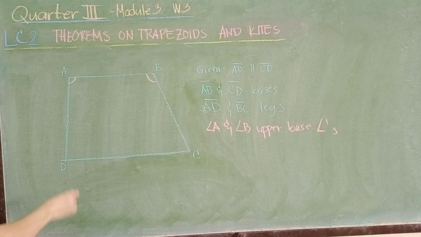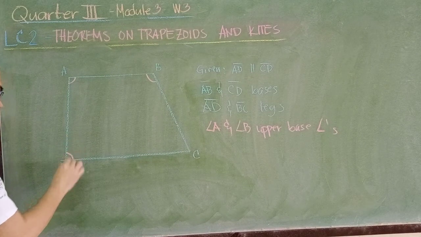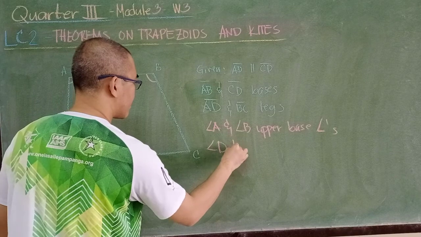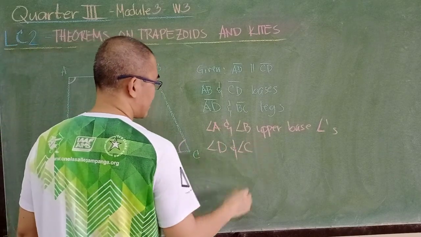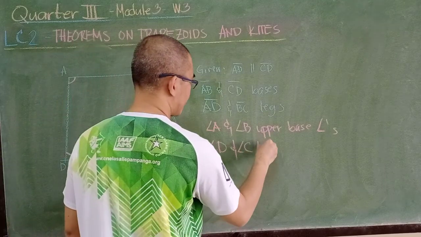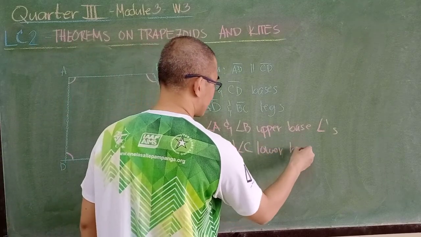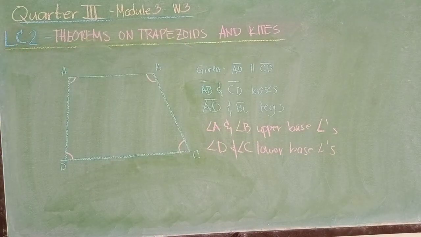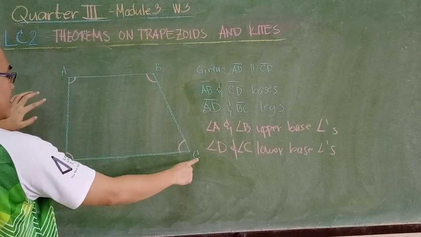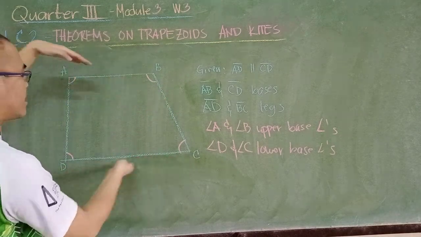And of course, angle D and angle C down here are called the lower base angles, the ones at the bottom. So, line AB and line CD are the bases.